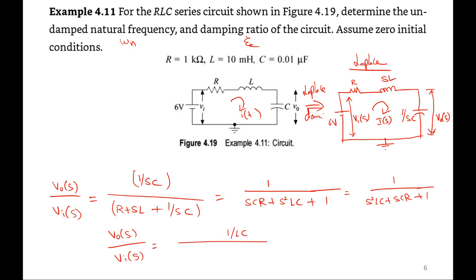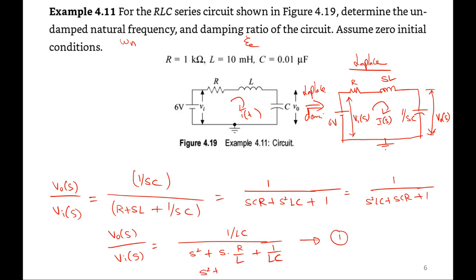So S squared plus, with LC taken out, S into R by L. Multiply by LC, the L's get cancelled and I get SCR back. Is it fine? Here 1 by LC, multiplied by LC, gives 1. So it is correct. Call this equation 1 and compare it with the standard second order equation.